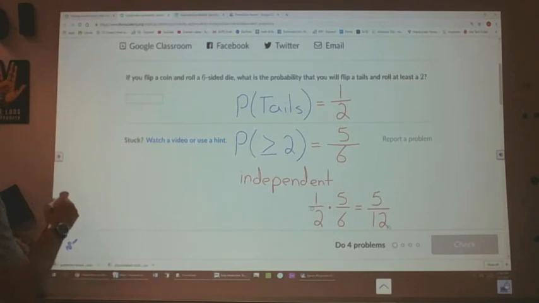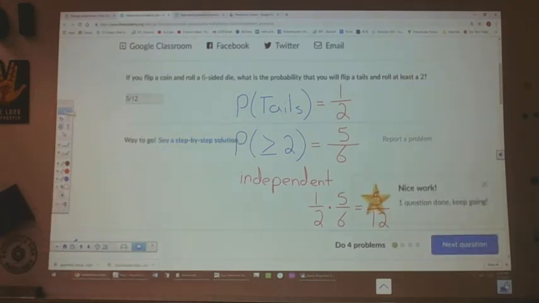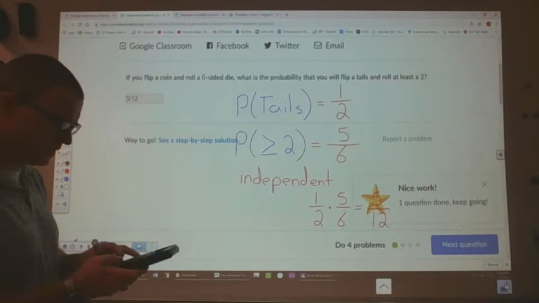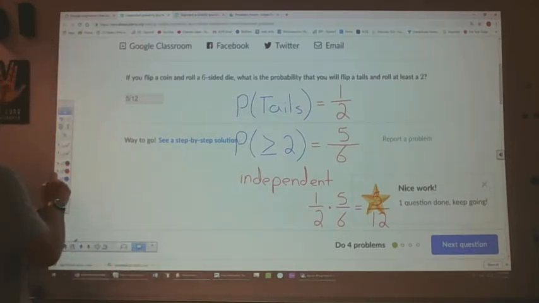So we get 5 out of 12. I'm going to go ahead and find the decimal of that as well. Sometimes it's easier to see what's going on. That is 0.416.